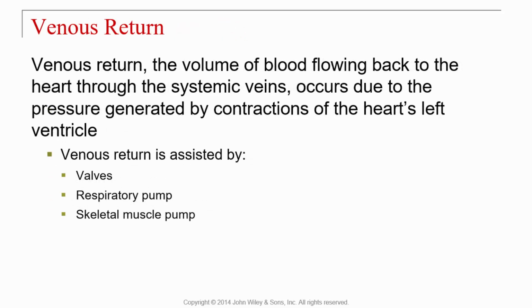Venous return is the volume of blood flowing back to the heart through the systemic veins. It occurs due to the pressure generated by contractions of the heart's left ventricle. And venous return is going to be assisted by valves. Again, veins are low pressure systems. So when the heart's not contracting, the amount of pressure within the vein is going to be like zero. So as the blood oozes up in between contractions, it wants to flow back down.